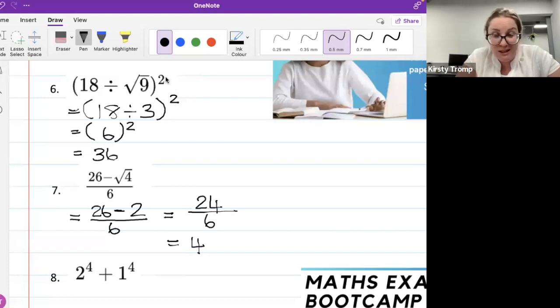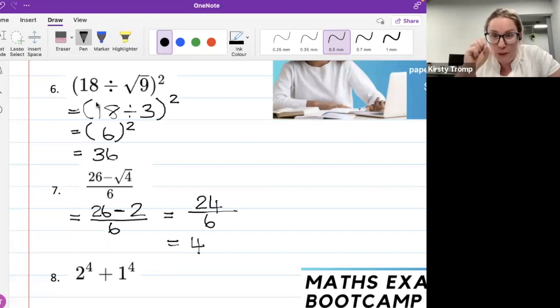Because do you see that this says, if I read the sum out, brackets 18 divided by the square root of 9, to the power of 2. So that's what the sum says. Do you agree with me? Yes, ma'am. All right. So BODMAS tells me I must always do what's inside the brackets first.